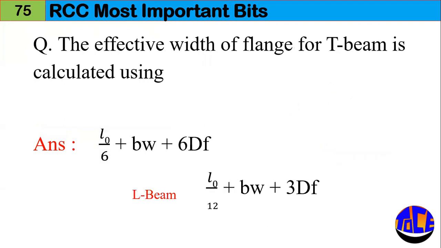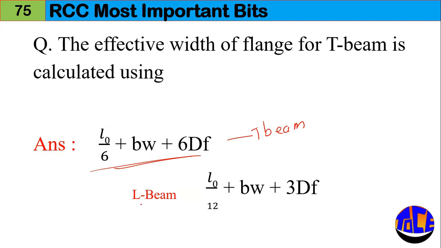Question number 75. The effective width of flange for T beam is calculated using L0 by 6 plus BW plus 6 into DF. So this is for the T beam effective flange width. Here BW is the width of web and DF is the depth of flange.